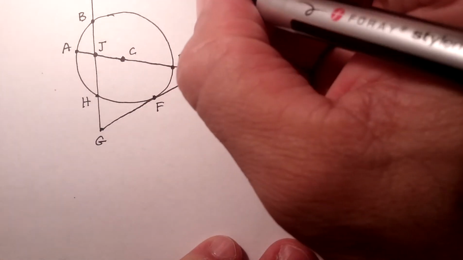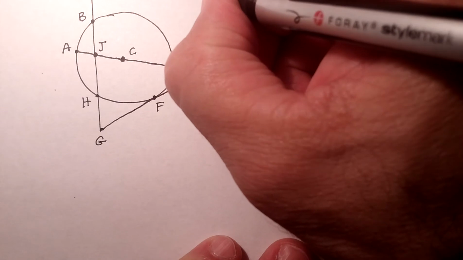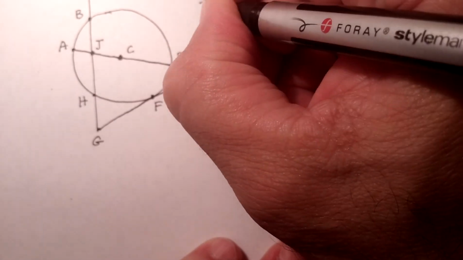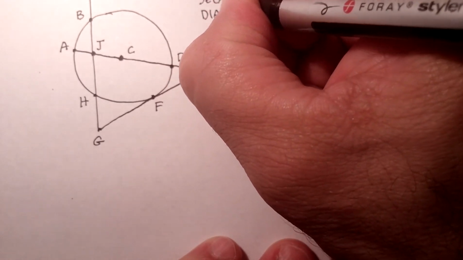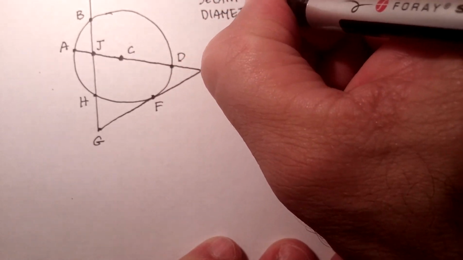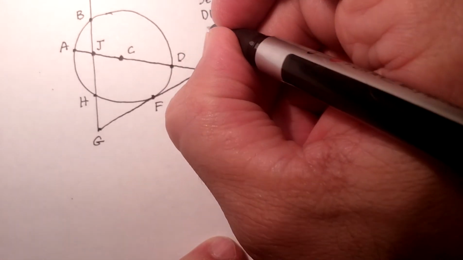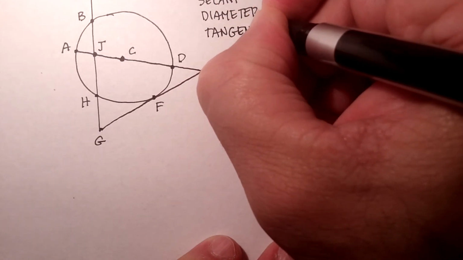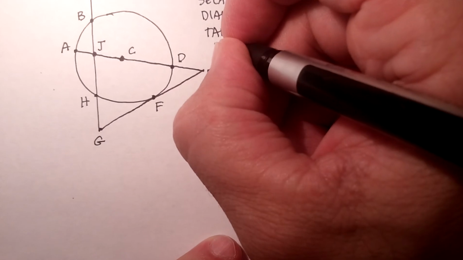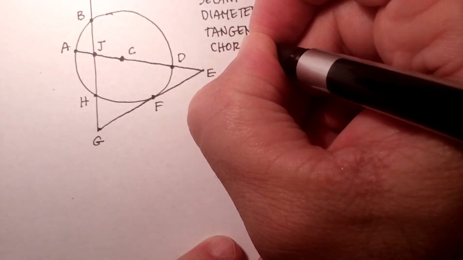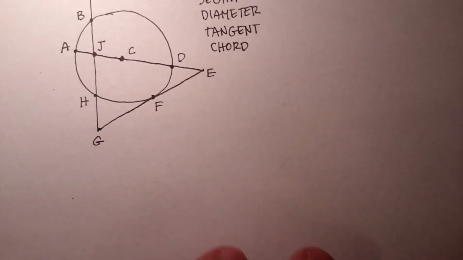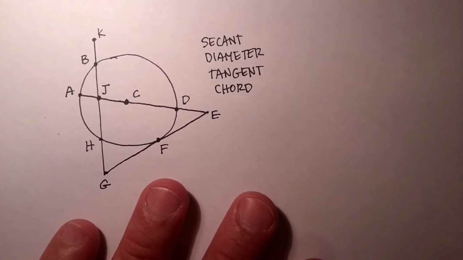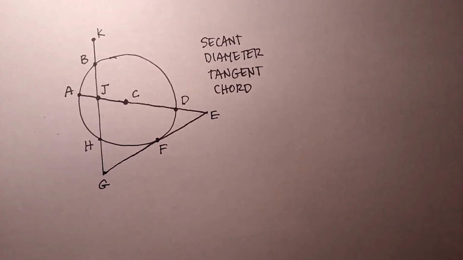Okay? So, identify a secant, identify a diameter, identify a tangent, identify a chord. Give you a second to do that.